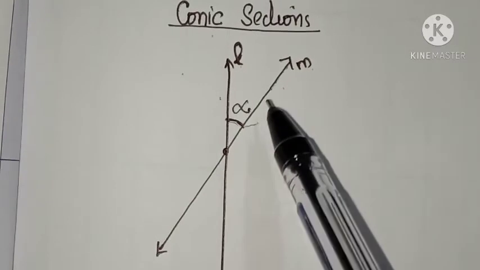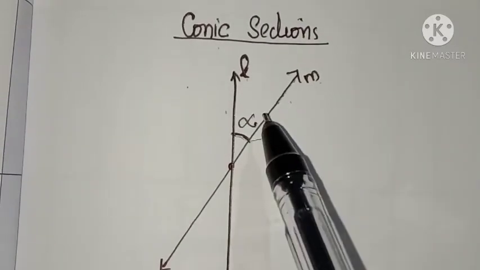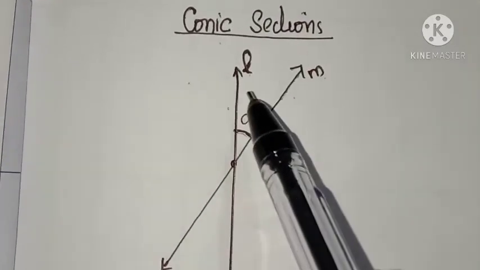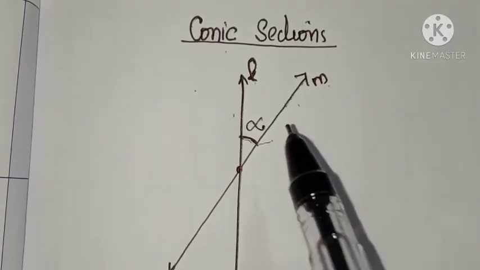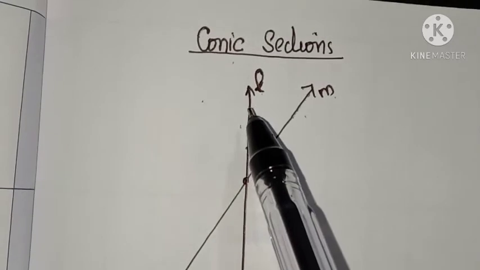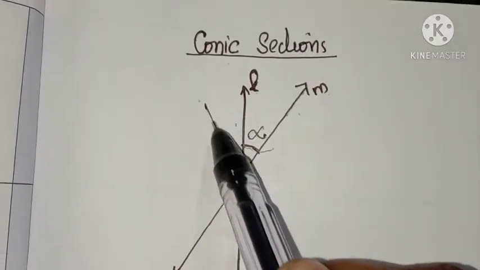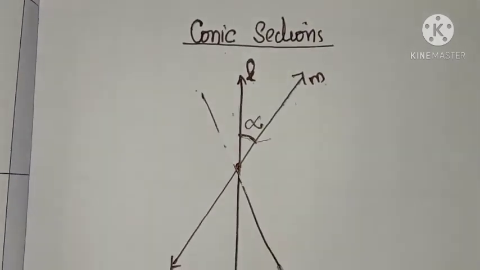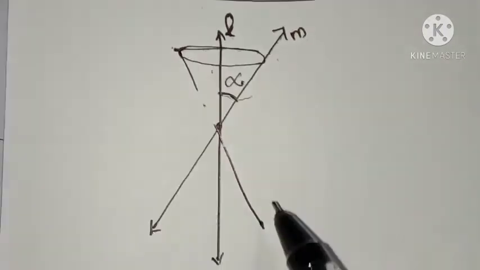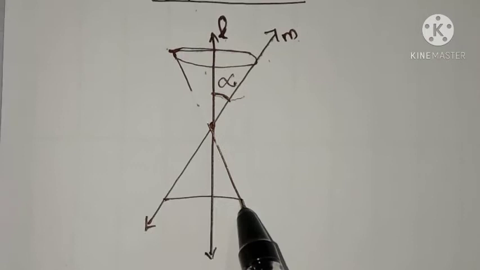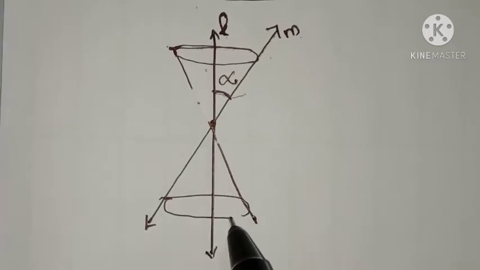constant. After rotating, we get a surface generated as a double napped right circular hollow cone. Just like this, if we rotate this line we get a double napped right circular cone.